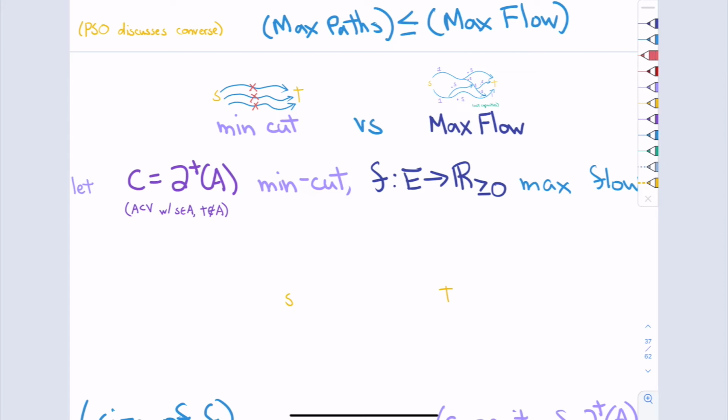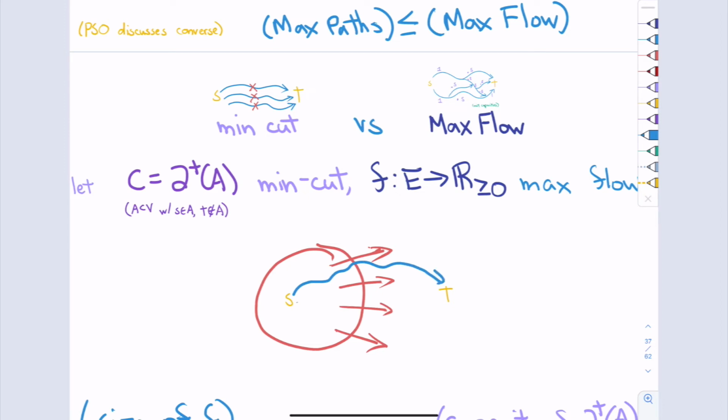Let's say the minimum ST cut is induced by this set of vertices A around S, so it's all the edges that leave S. And there's some flow from S to T. All the flow starts at S and ends in T. So the net flow leaving my set A, in red, is at most the total capacity of the edges leaving A, because it can only leave the set using the edges from A.